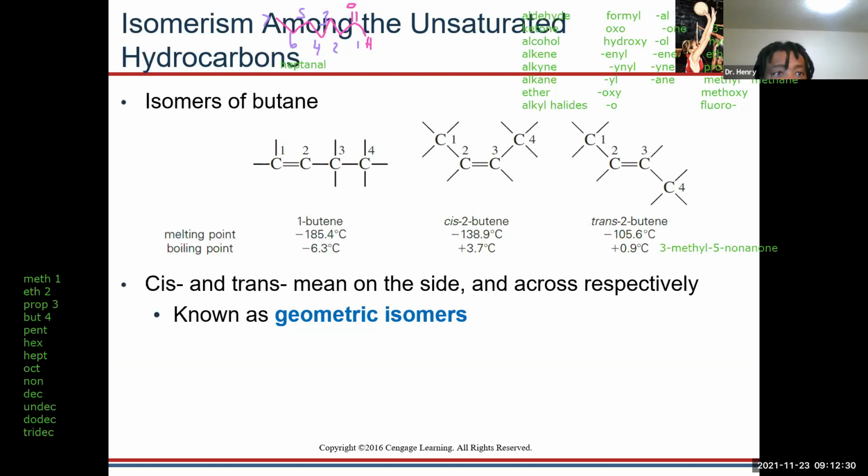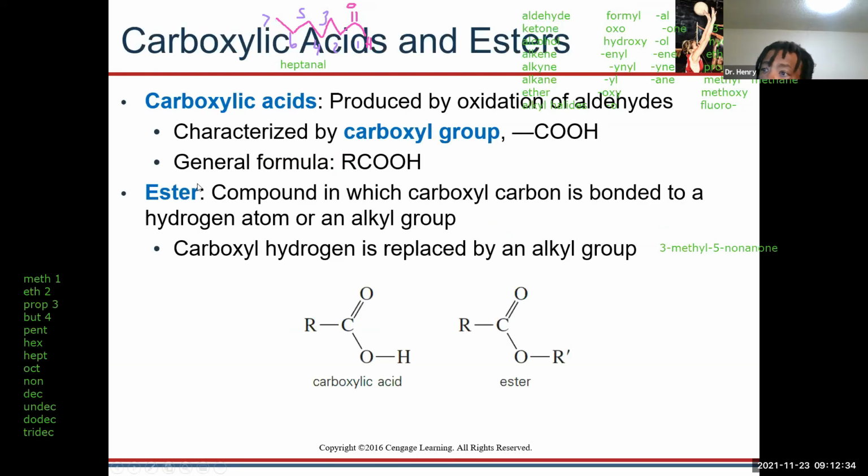Okay, so our next one is carboxylic acids and esters. Carboxylic acids basically have the O double bonded to the C, and then that's going to have a hydroxyl group on the side of it.